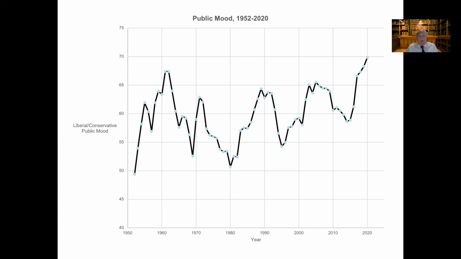Notice I've got a graph here in front of you. The graph is Stimson's measure of public mood. How did he construct this graph? Well, he took every single survey at each one of the data points here. So here we have 1953, rather.